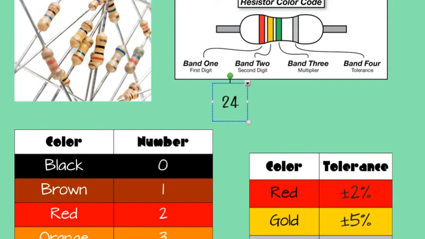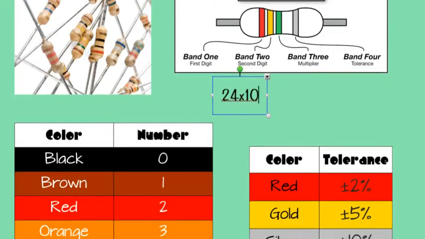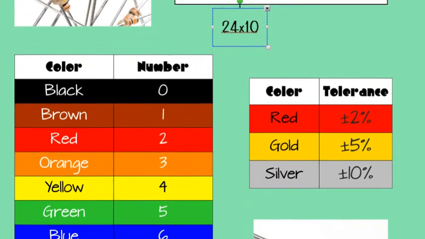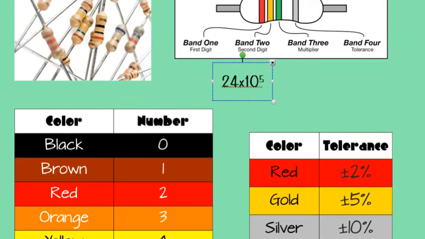My third color, being my multiplier, means that I write 24 times 10 raised to a certain power. In this case, that power is the number that corresponds to green, or 5. After that, we write the ohm symbol, showing that the resistance of this resistor is 24 times 10 to the 5th ohms.